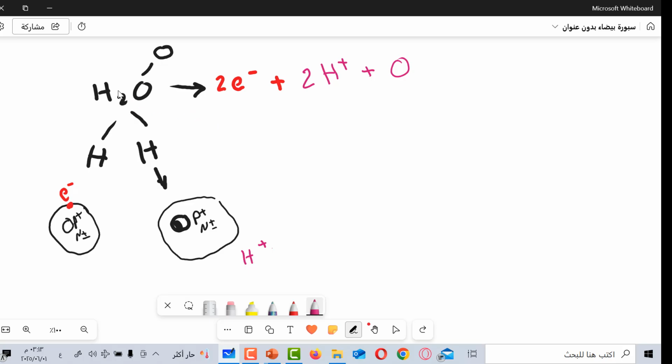Another one like this one will give us 2 electrons, 2 protons, or 2 hydrogen, H plus, and this O is going as O2 and going outside the chloroplast as an excreted product.